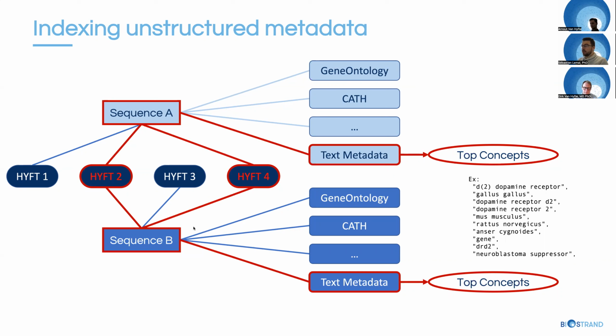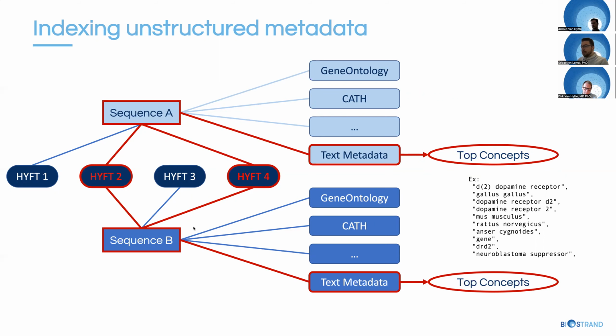This technology is already implemented in Retrieve and Relate, because there we can start from a sequence as a query, for which we can find some homologous sequences, but we can also do a text-based search where you simply add a description, some vague description of what you want to find, depending on how precise you want it to be. And you get back relevant information by using the concepts that have been extracted.